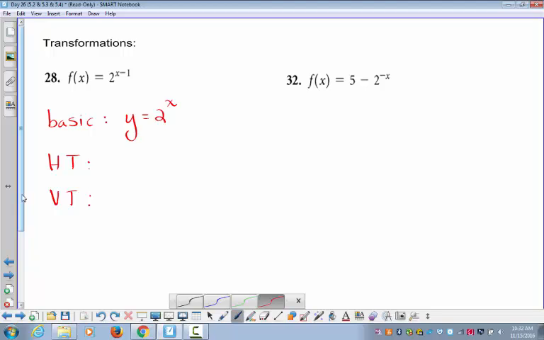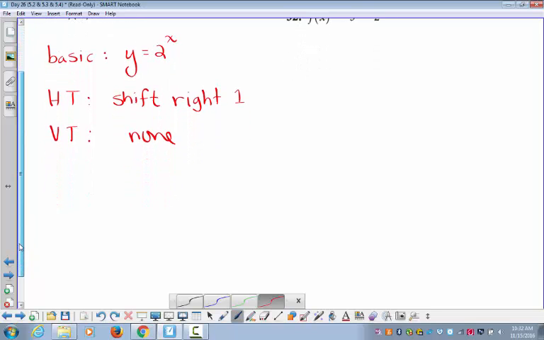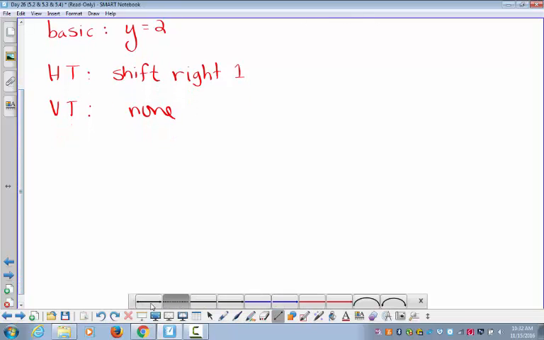There's no verticals here. The only horizontal is shift which direction? Shift to the, yeah, so we shift right one unit. All right, so we just graph 2 to the x, and we're going to shift it to the right one unit. Not too complicated.